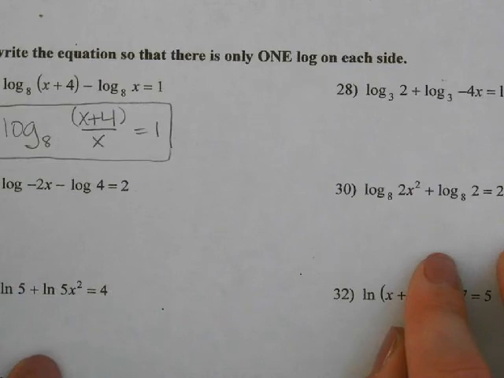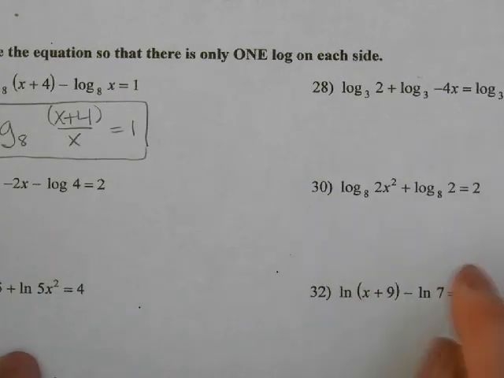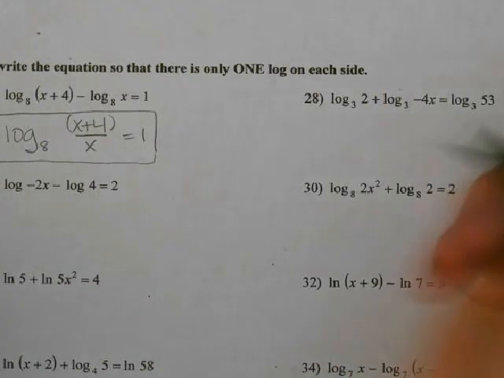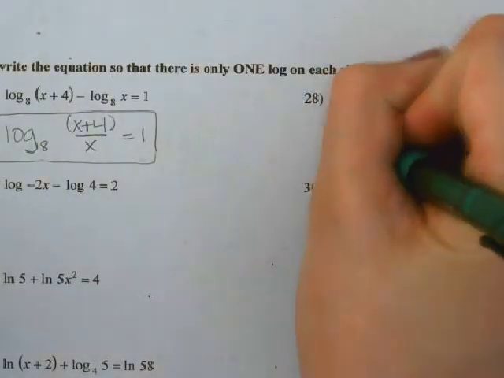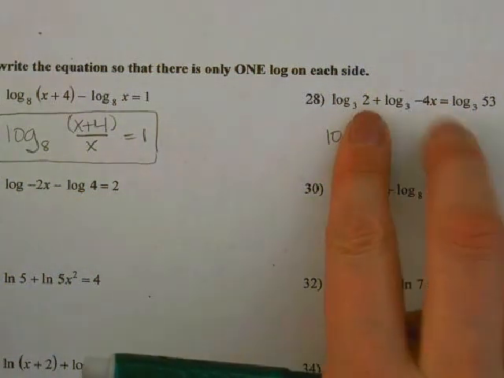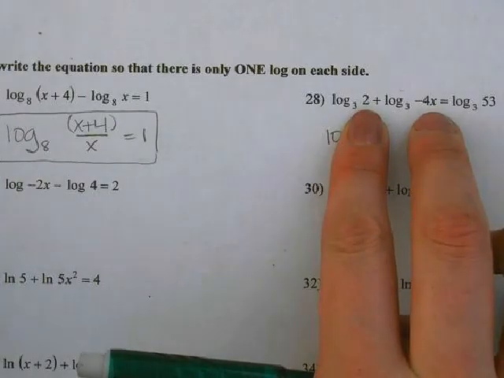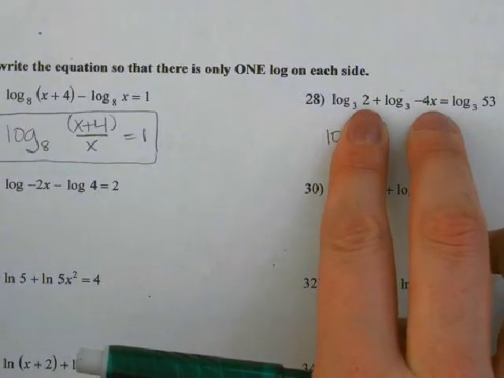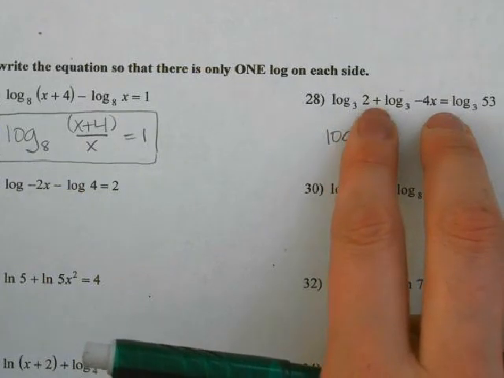So what would we do for 28? We get to write log base 3 one time. We've got a 2 and a negative 4x. What are we doing with the 2 and the negative 4x? We're multiplying them because it's a plus.